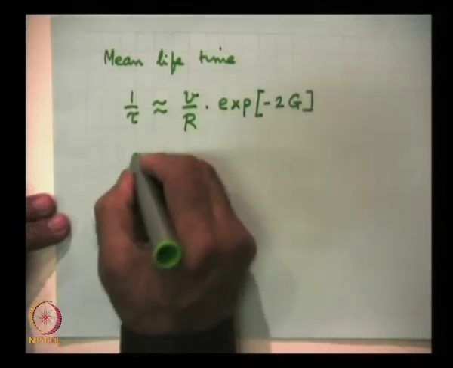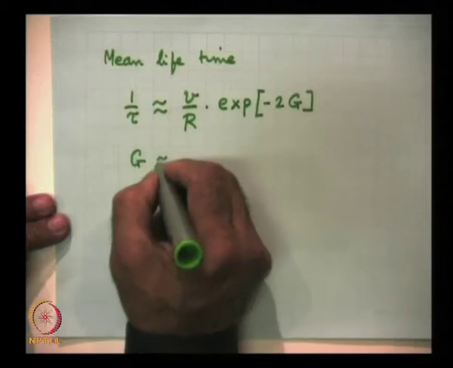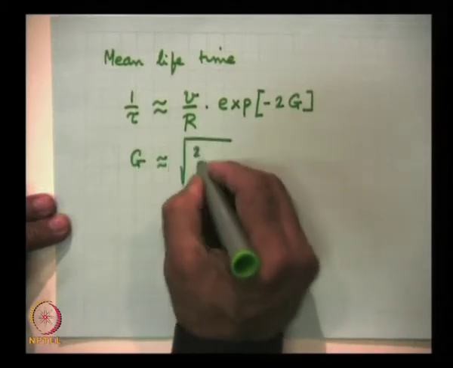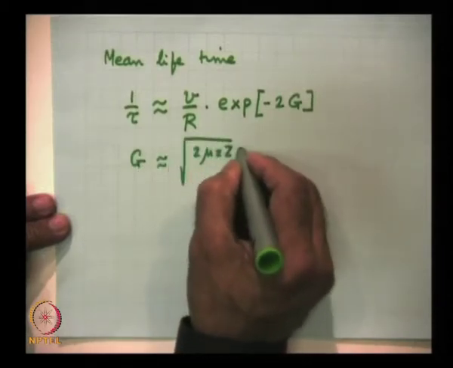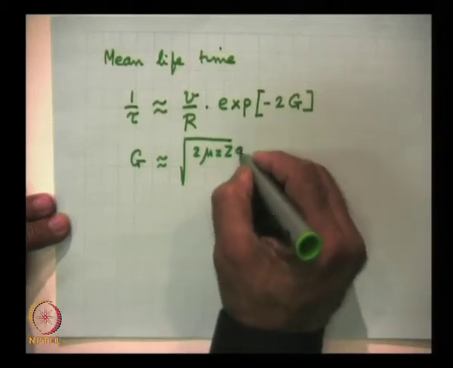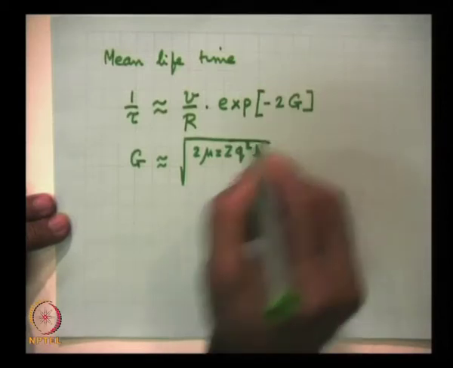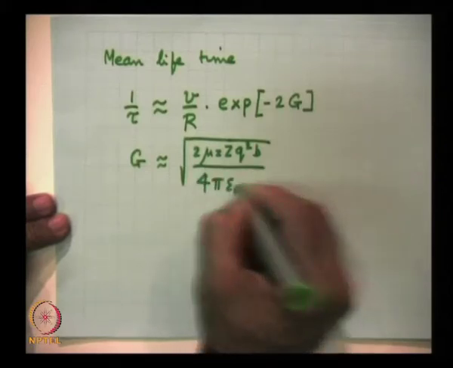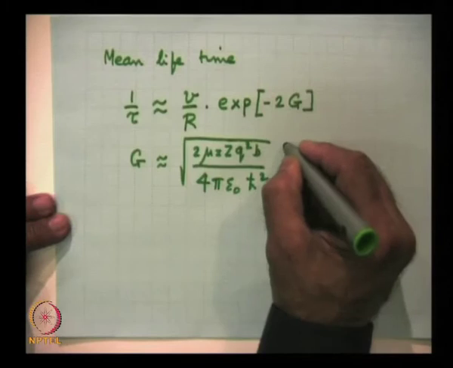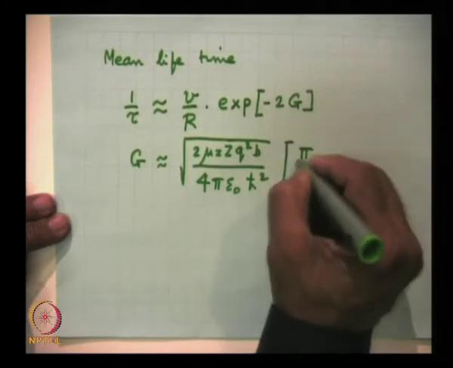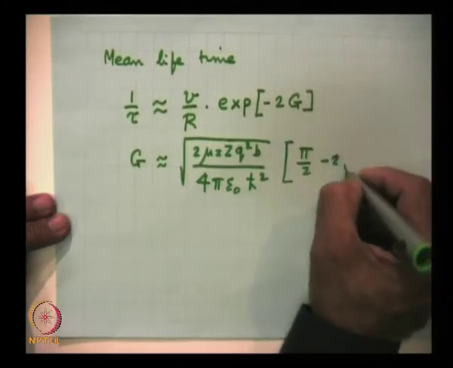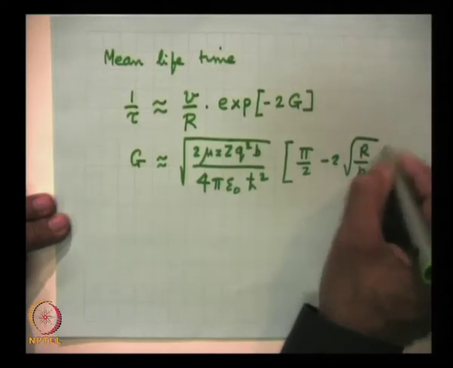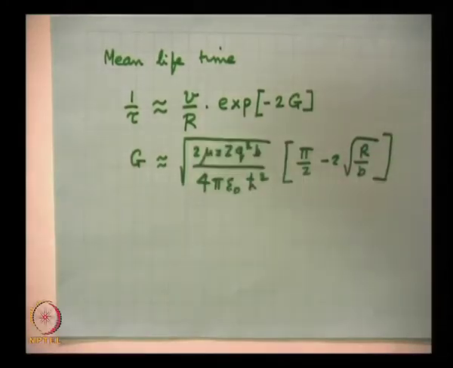So g, as we all know, is equal to 2 mu z q square b by 4 pi epsilon naught h cross square, approximately pi by 2 minus 2 under root of r by b. Now, one can do a little bit of algebra.